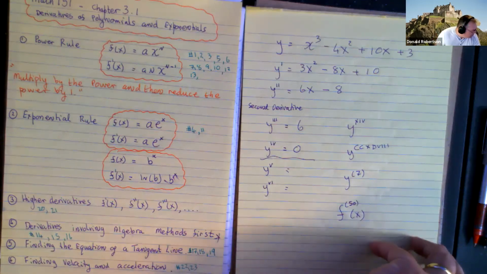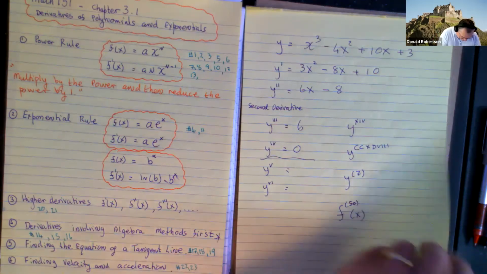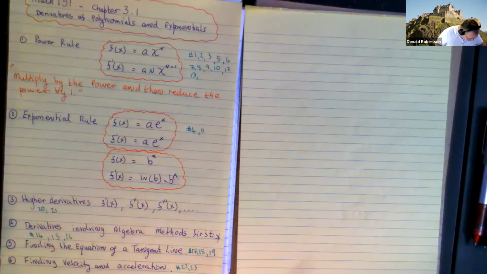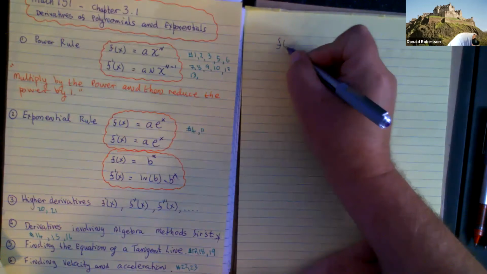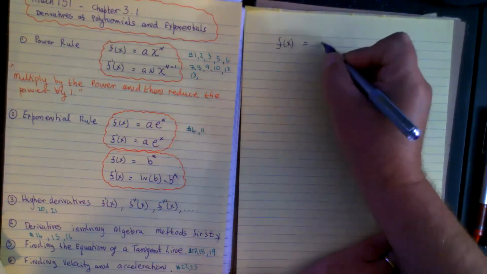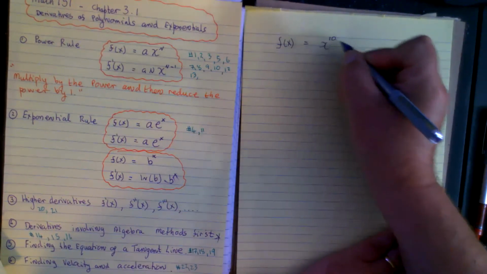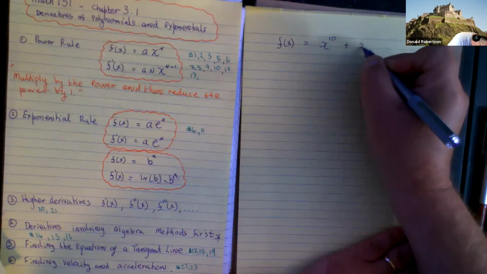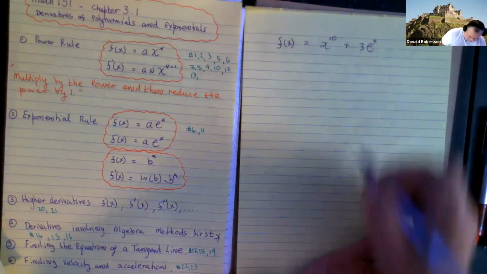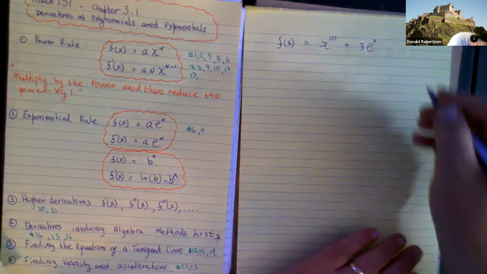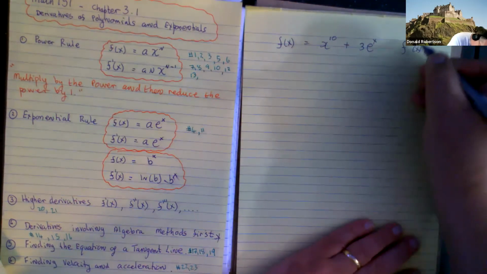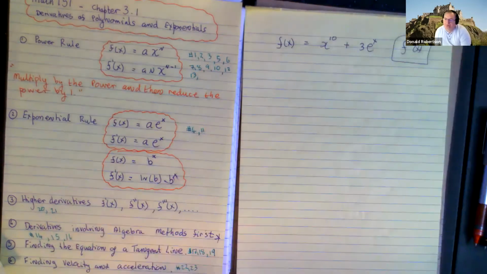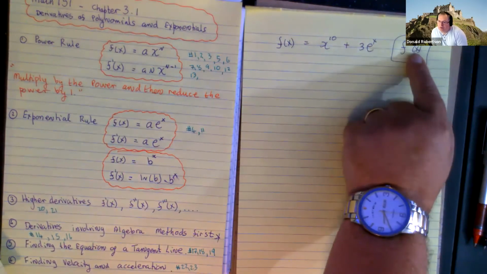So let's do a couple of those just to get them under our belt, and then we'll move on to some applications. So f of x is x to the 10 plus 3e to the x. And we're being asked to find that guy. Now, that means find the fifth derivative, doesn't it?